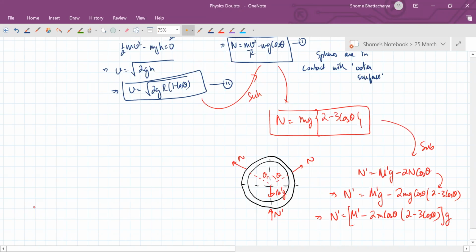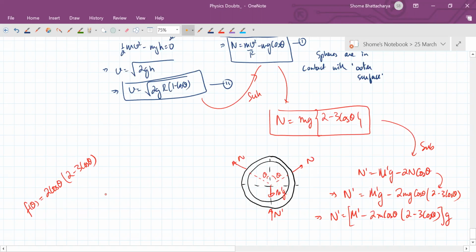You can see, take this function, 2 cos theta into 2 minus 3 cos theta.